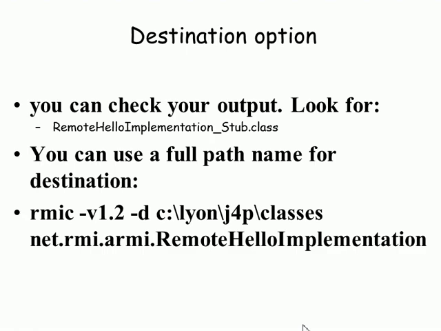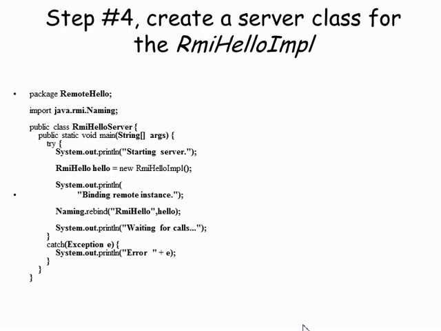Here's the RMI compiler outputting stubs to a class directory. So that's the destination for the RMI compiler. And you can take a fully qualified class name and output your stubs if you need to. Here's an instance of some remote service, and now I'm going to bind that remote service to my registry, and then it says waiting for calls.